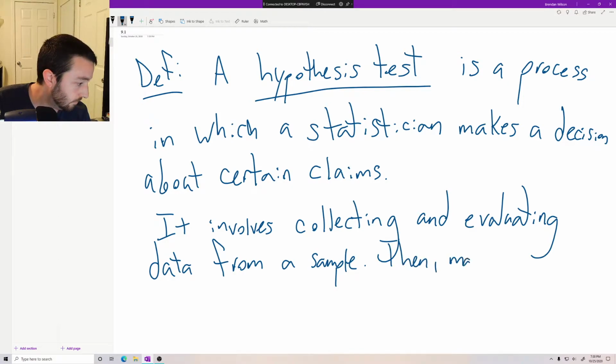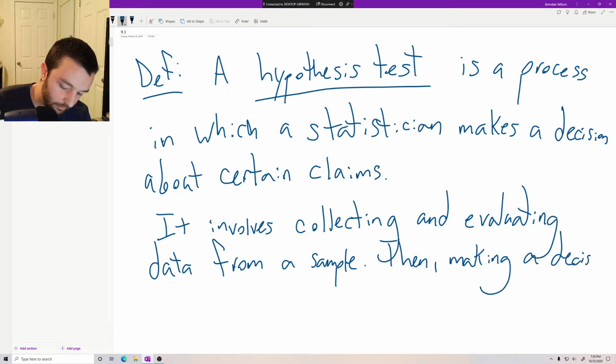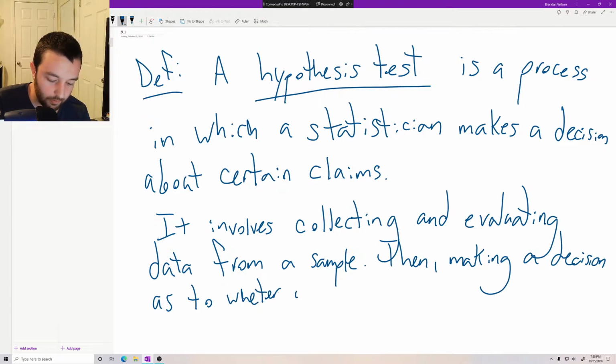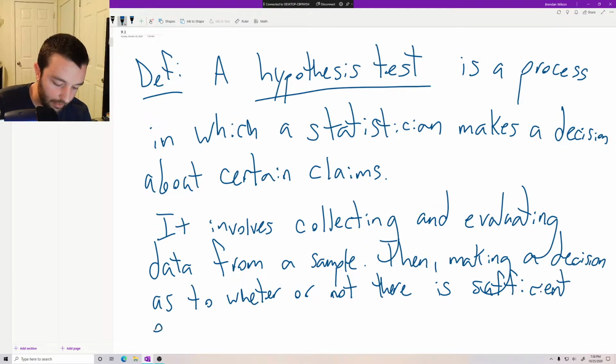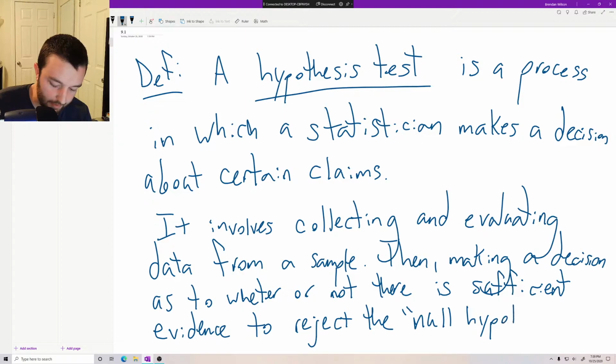Then making a decision as to whether or not there is sufficient evidence to reject the null hypothesis.